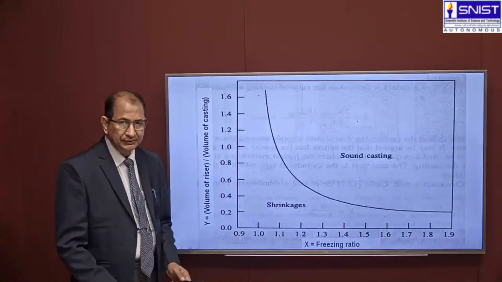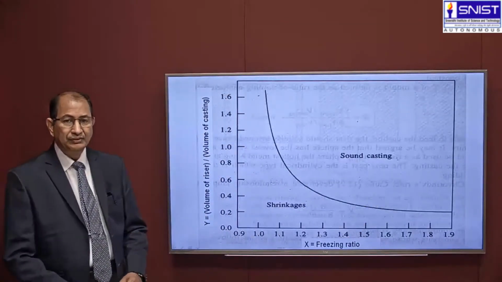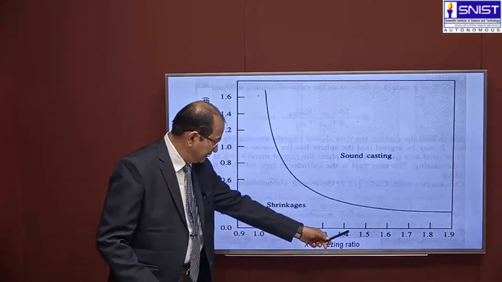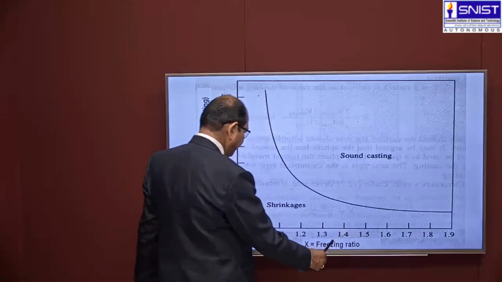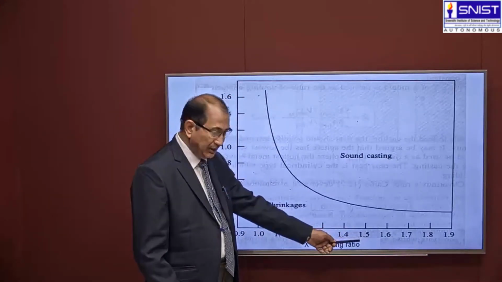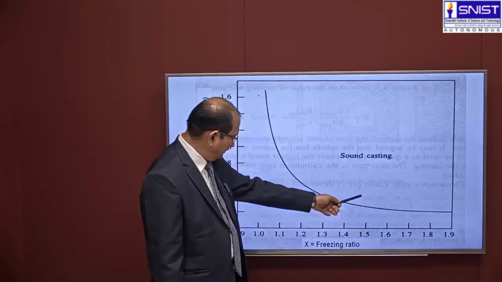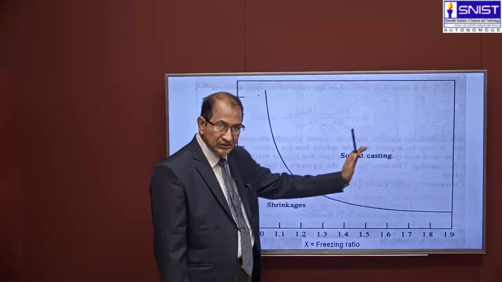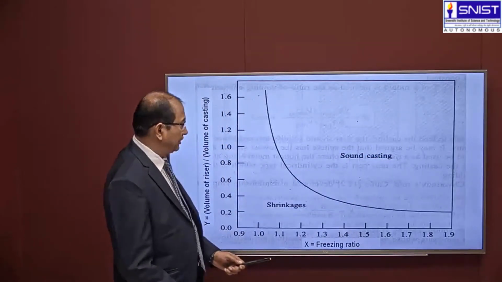So if we want to design a sound casting, given a freezing ratio, suppose the freezing ratio is about 1.5 after you calculate, you go vertical like this, and anything above this curve, towards this side of the curve, you are going to have a sound casting.